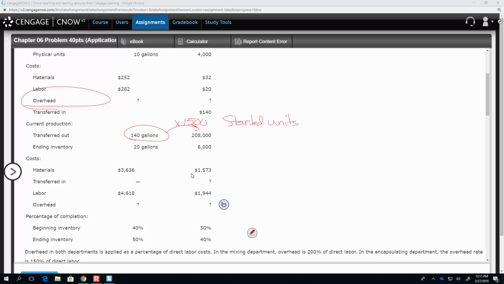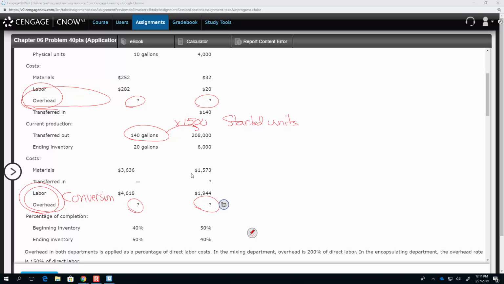So that's one item. If you noticed here for overhead, what I would like you to do for the project is combine labor and overhead, and what do we call it? Conversion. So just like our problem 65, you'll have materials and then you'll have conversion. Well, you'll notice here that labor and overhead are two lines, and the applied amount has a question mark.